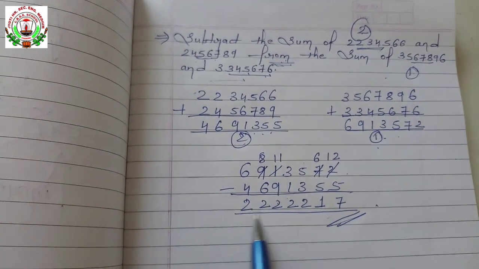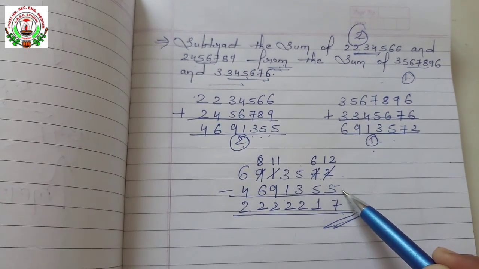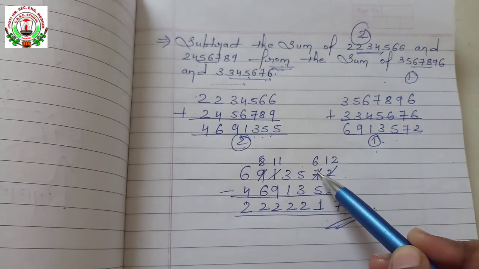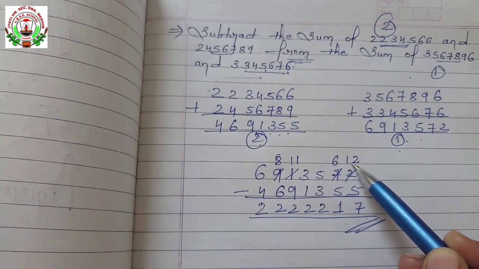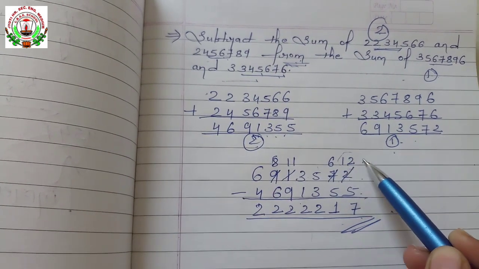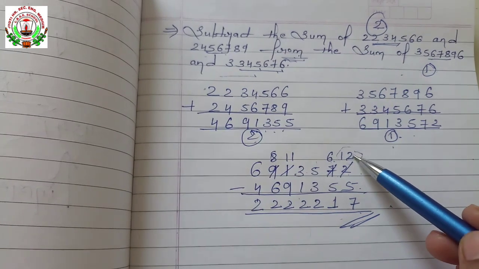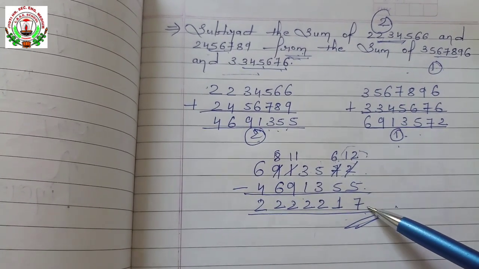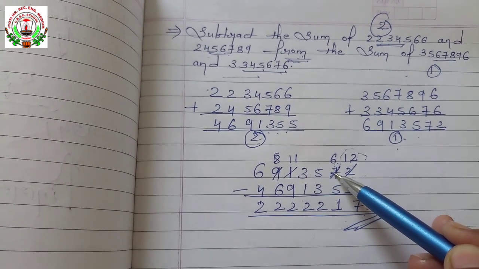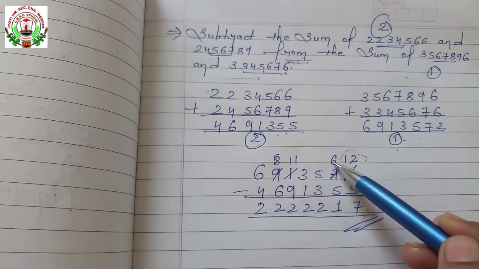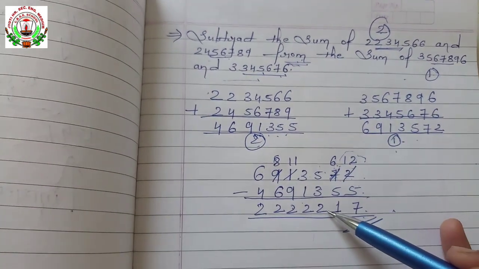After subtracting, we see that 2 minus 5 we can't do, so we have to take borrow from this number. After borrowing, it becomes 12, and here it will become 6. 12 minus 5 is 7, and for 7 minus 1, we have to decrease this number by 1, so it will become 6. 6 minus 5, 1. Again 5 minus 3 is 2.